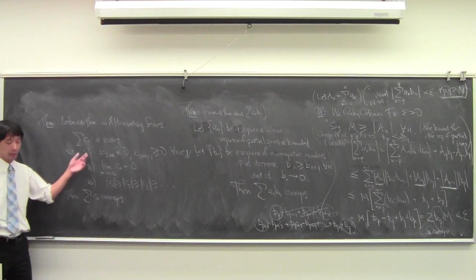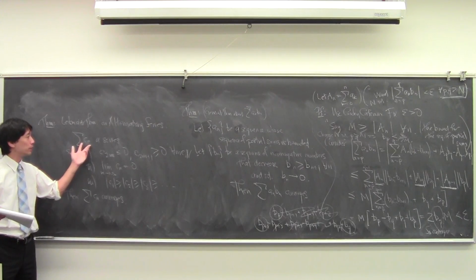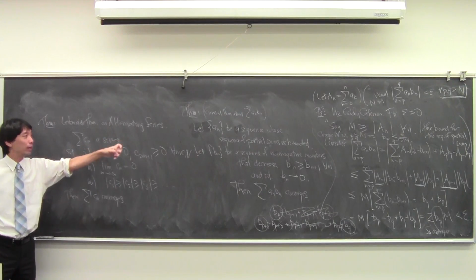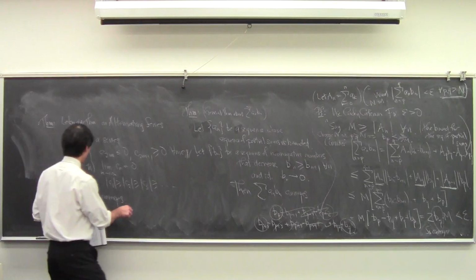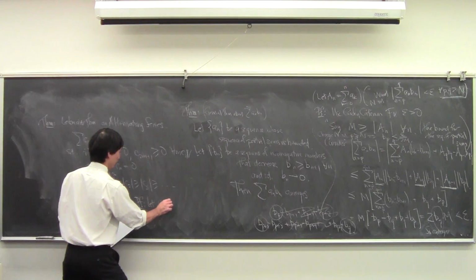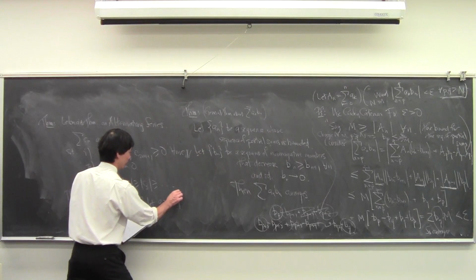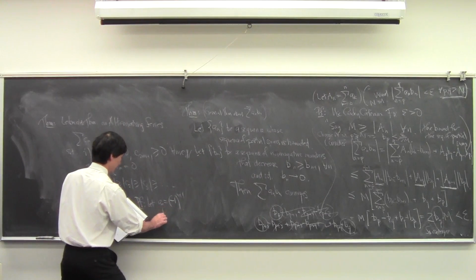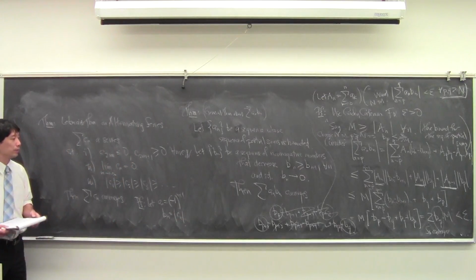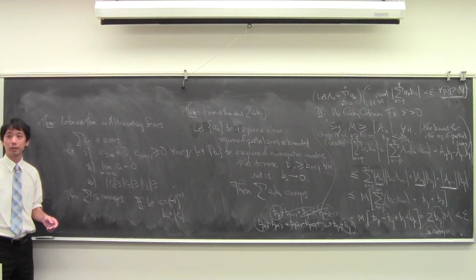And the point is that this is just an example of the general theorem, right? Proof: let a sub n be minus 1 to the n plus 1, and let b sub n be the size of c sub n.